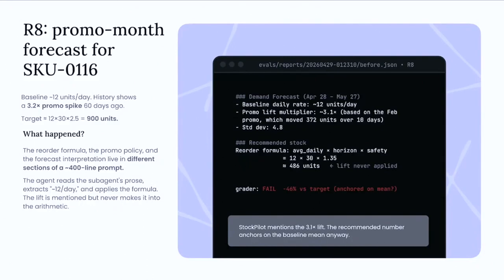So forecasting baseline, 12 units a day, promotion multiplier, 3.1x. This is all correct. But in the calculation part below that, we can see that there was actually some kind of hallucination that happened. Instead of using that 3.1x promo multiplier, the agent actually ended up using 1.35. So something happened along the way.